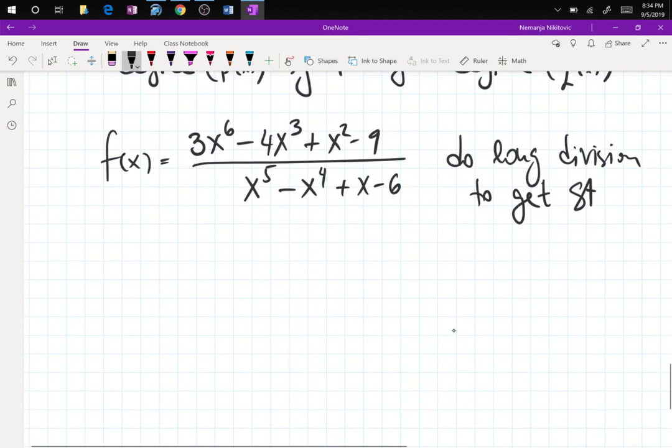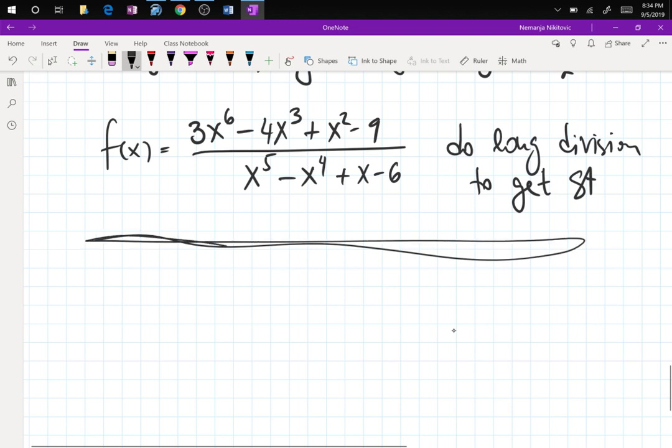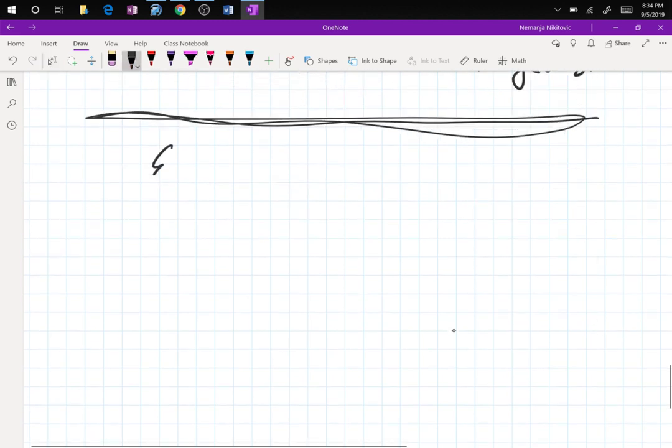So what is the second one and the last concept for tonight for our limits at infinity? It's the concept from pre-calculus that you probably forgot, which is called end behavior of the function, right?